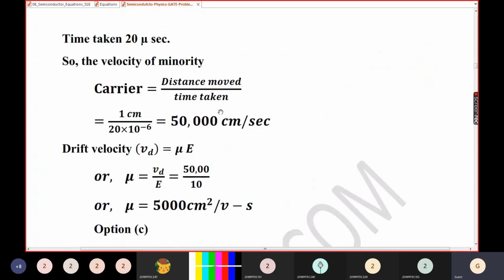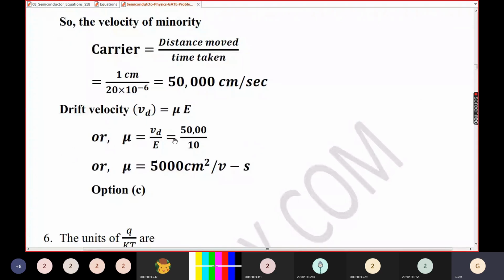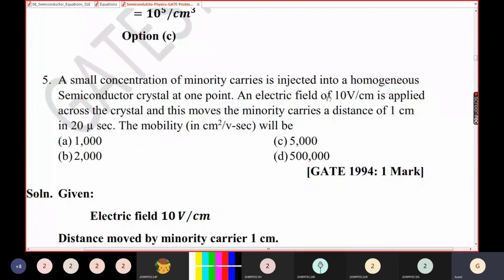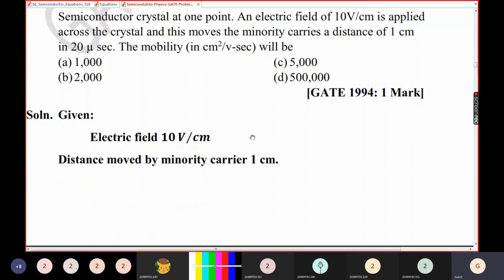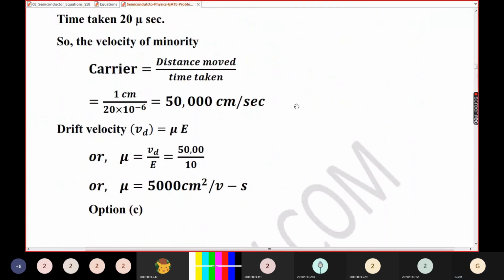We know that mu is equal to Vd divided by E. So first we should calculate the drift velocity. They have not given the drift velocity here. They have given the value of E directly, 10, but what you need to find is Vd. We all know that we can calculate the drift velocity by using the distance and time.